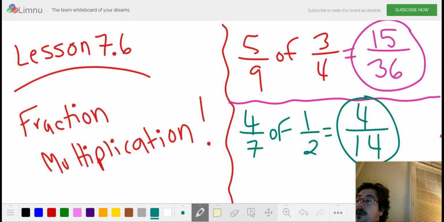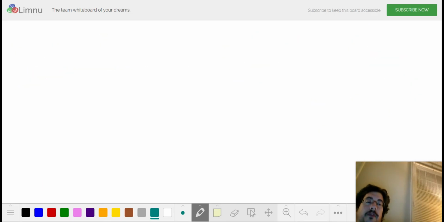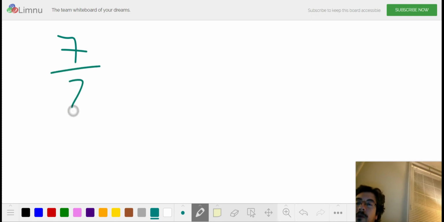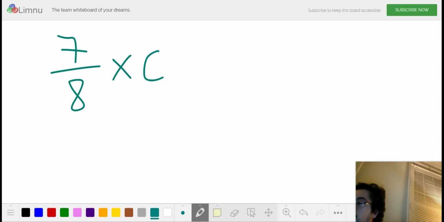Now, there's a couple types of problems on page 455 that have you substitute a value for a variable. Okay, so what is that all about? So when you guys get up to algebra, you will have problems that have letters in them.